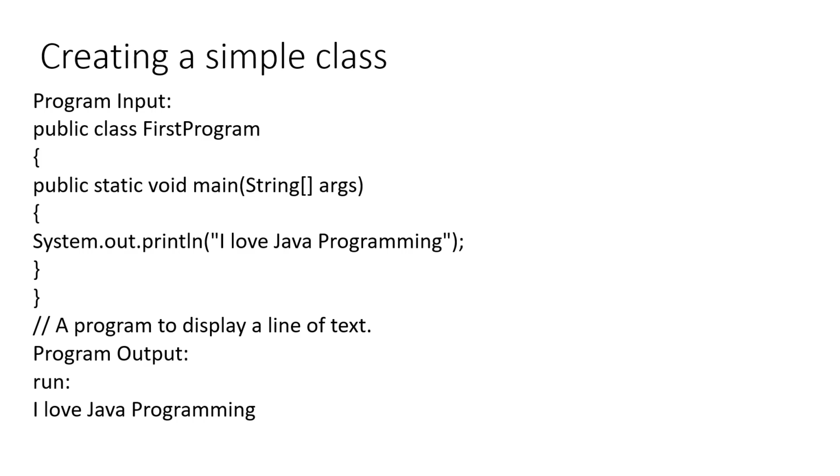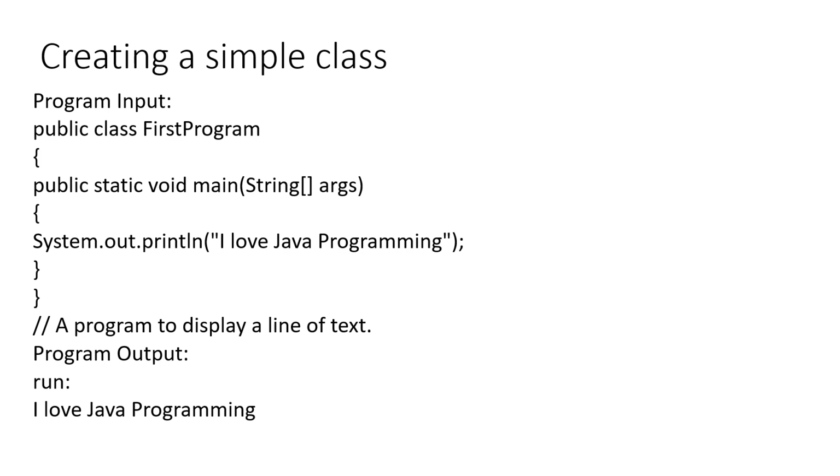We have public class FirstProgram, public static void main String args, where args means arguments. Then we have System.out.println I love Java programming. Don't forget that when you see a double slash, that is a comment: a program to display a line of text.